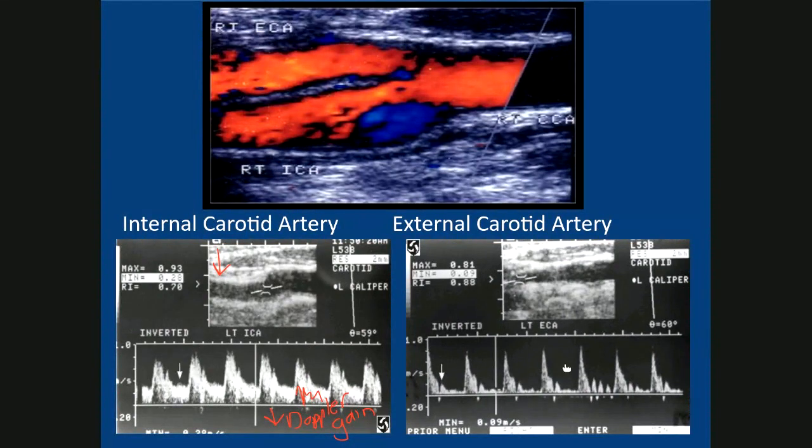So if both these waveforms were to look like the lower resistant, like the internal, the only way we might be able to differentiate between the internal and the external is to do the temporal tap, which is shown right here with these little deflections in the diastolic component.